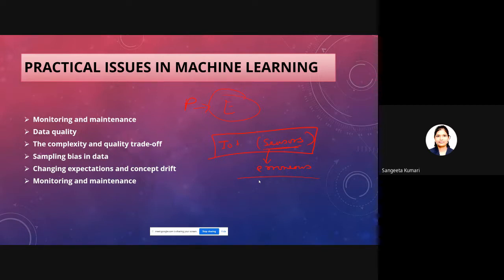Now coming to the complexity and quality trade-off. So what does it mean? As I told you, if you are talking about an attendance monitoring system using machine learning, using face recognition, and you are feeding just 5 persons' data there, then there's a very high chance that it will detect them properly.